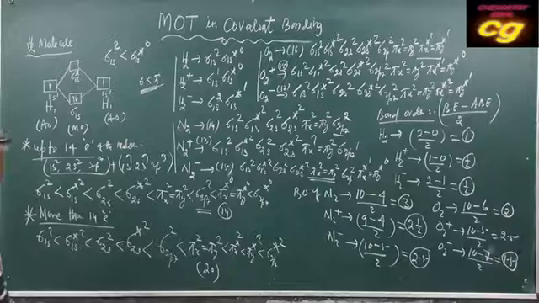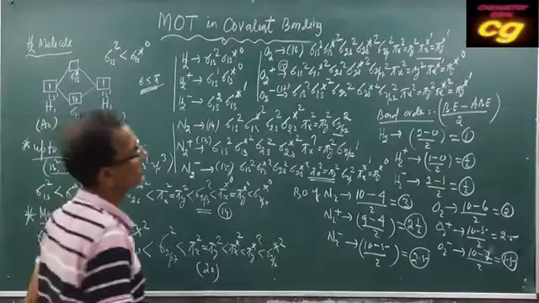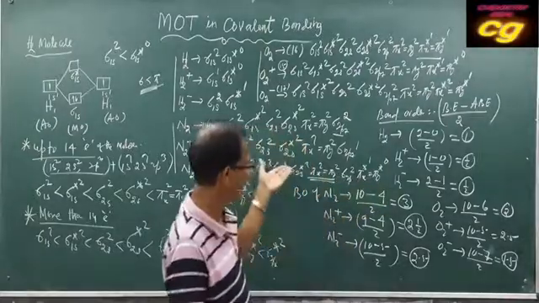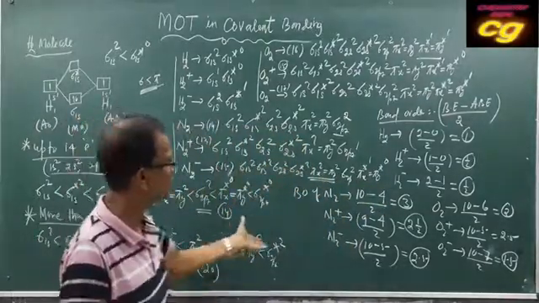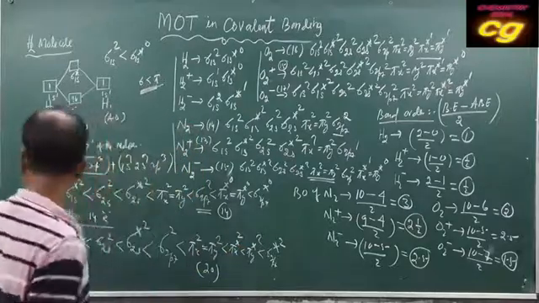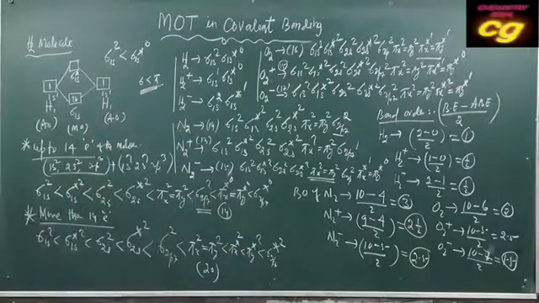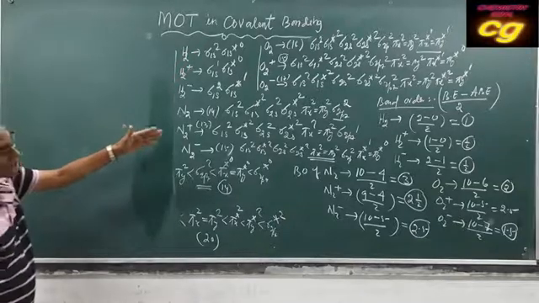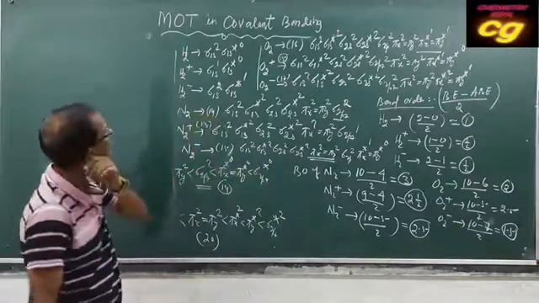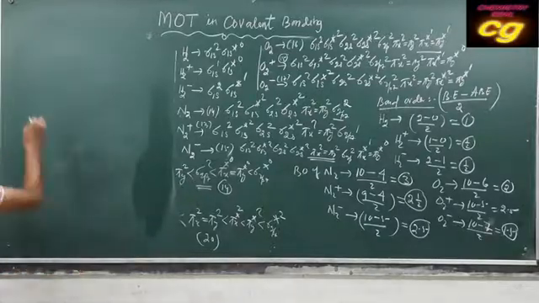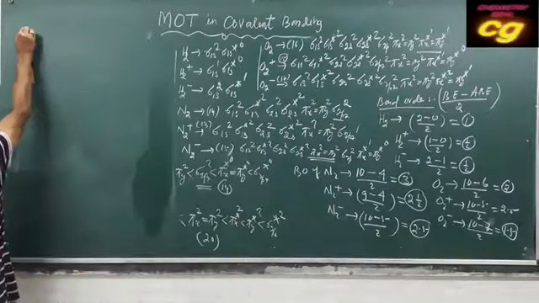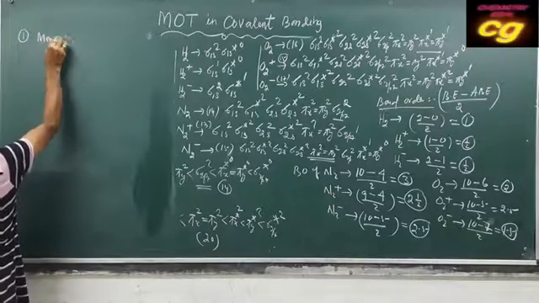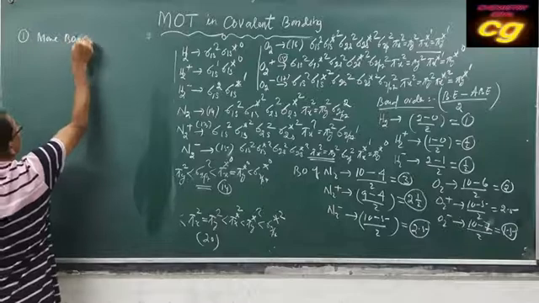Okay. Then there is an important rule regarding the stability of the molecule as per the bond order. Let us discuss this. There is a relation between the stability of the molecule and its bond order. More bond order, more stable.